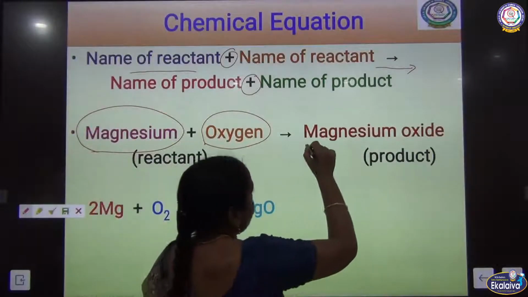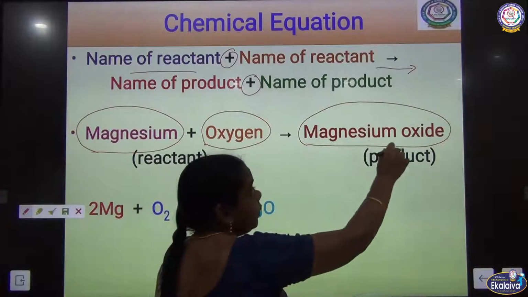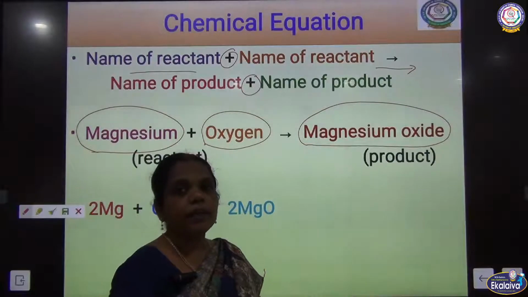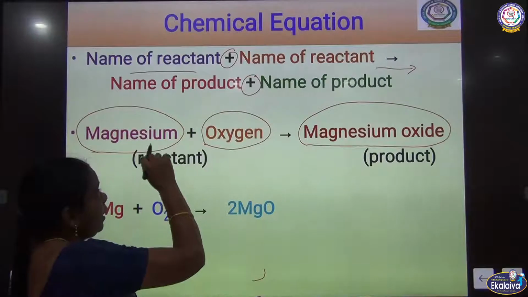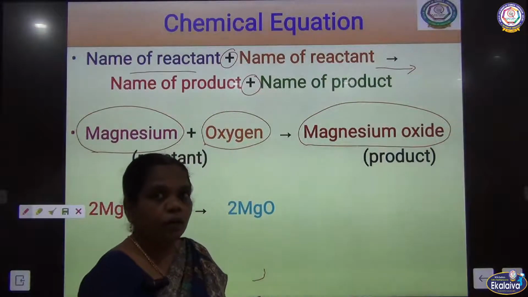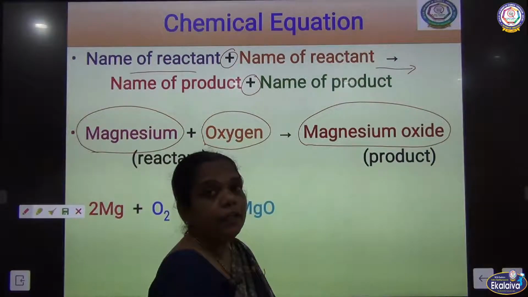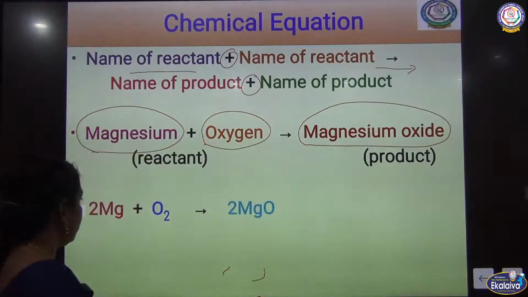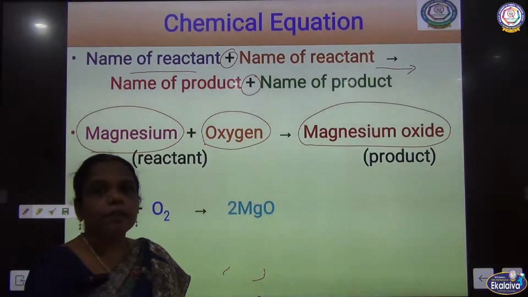And the product, because it is found on the right side, is magnesium oxide. This is the chemical reaction. So what is the chemical reaction? The magnesium and the oxygen undergo change to form a new substance called what? Magnesium oxide.